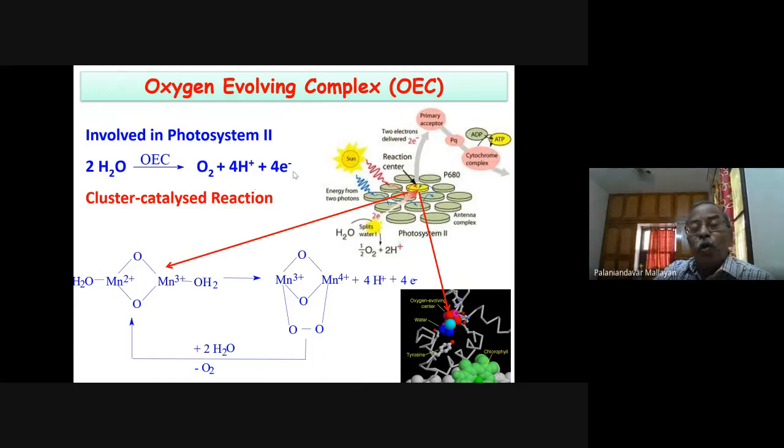The overall reaction that we are going to see will be the reverse of this one. That is, oxygen will be reduced by electrons either to water or hydrogen peroxide. So we shall look at some somewhat novel biomolecular devices which are able to activate molecular oxygen.